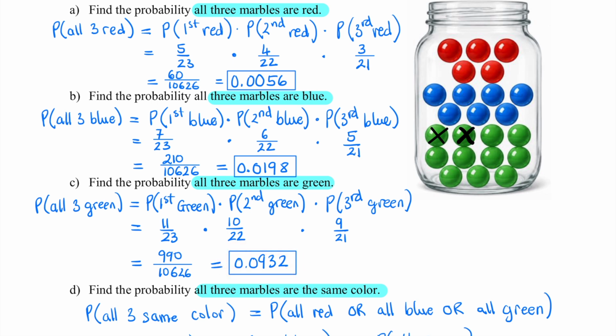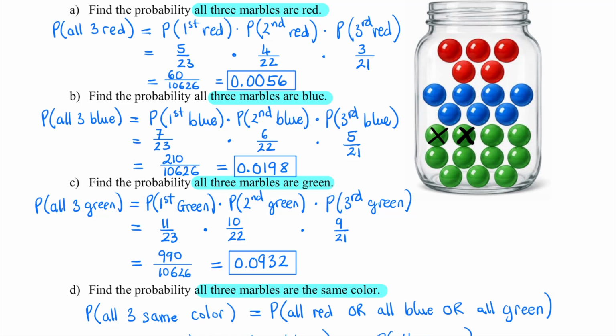Now, instead of using these decimals for the calculation in part D, I will use these fractions. Because these decimals are being rounded, they are not exact value anymore. Whenever you want to use a number for further calculation, always prefer using the exact value.